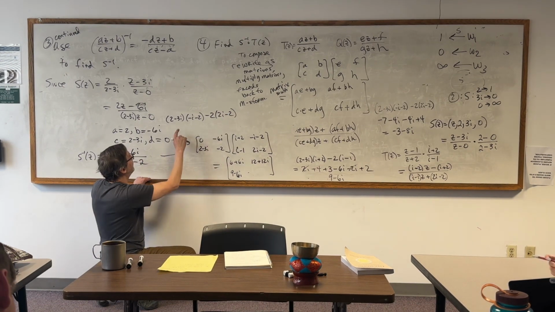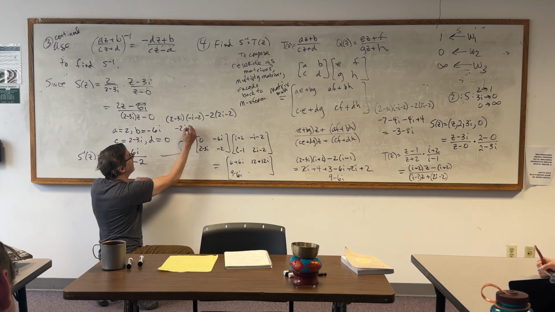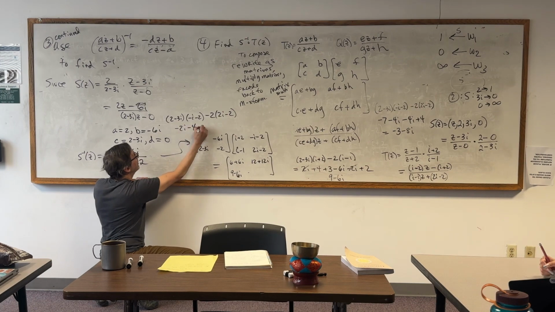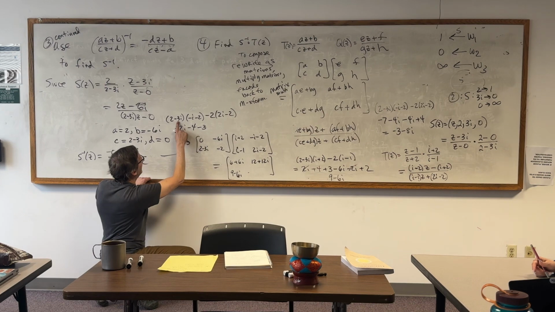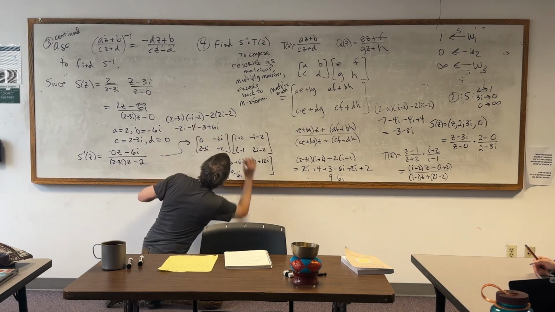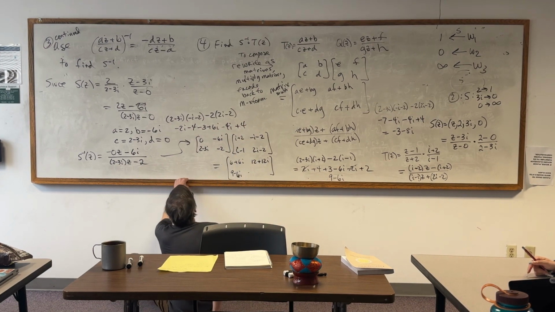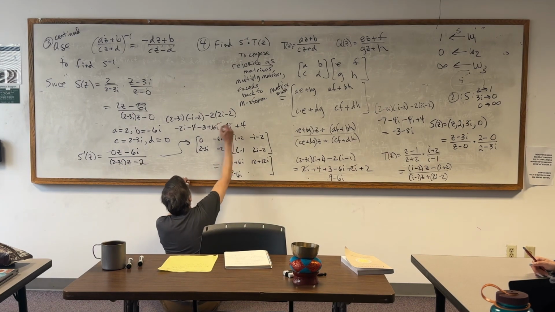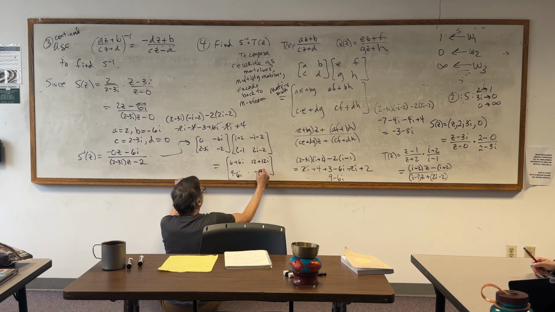Then just FOIL: first, outer, inner. The inner is going to be negative 3, because you get positive 3i squared. And then the L is plus 6i. And then we've got minus 4i plus 4. So these all cancel, minus 3.